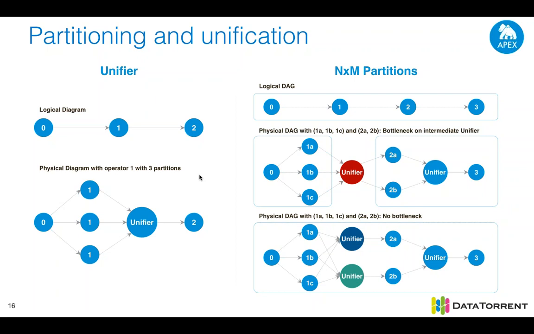So we support what is called an n by m or m by n mechanism, where each downstream partition has its own unifier and gets its own subset of data directly from the source. This gives you a much higher network throughput and performance. And again, the output of 2 is getting unified. Okay.